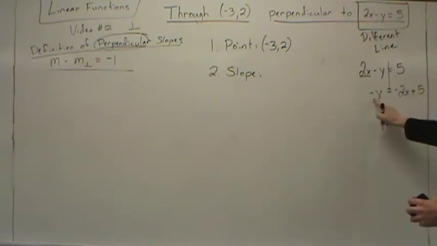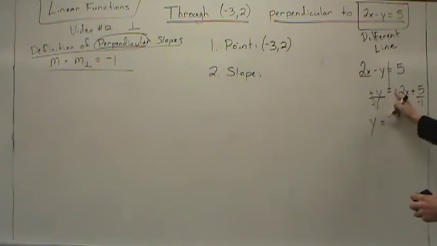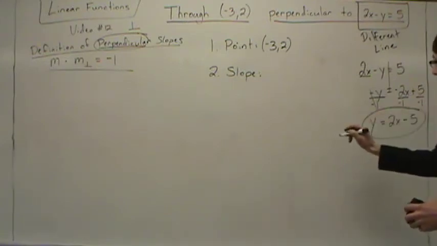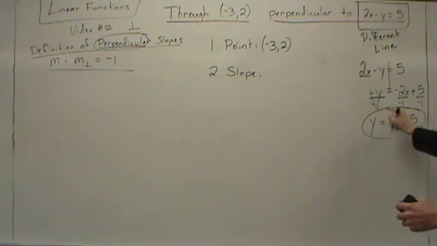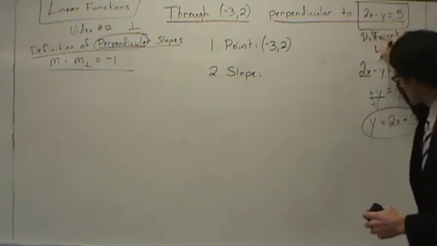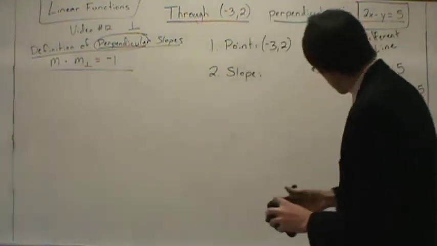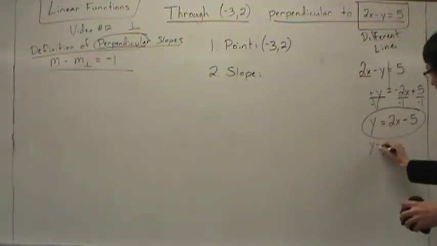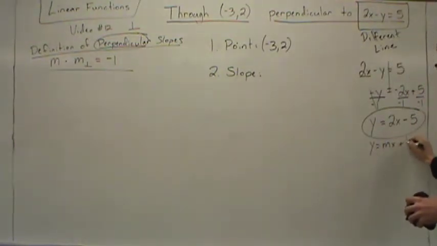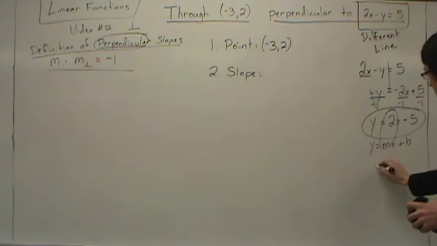Now, notice y is not by itself, we now have to divide by negative 1, all signs change. So we end up with y equals positive 2x, and positive 5 becomes negative 5. Notice we have the slope-intercept equation for the other line. Okay? Now, in the slope-intercept equation, recalling y equals mx plus b, our slope is 2.